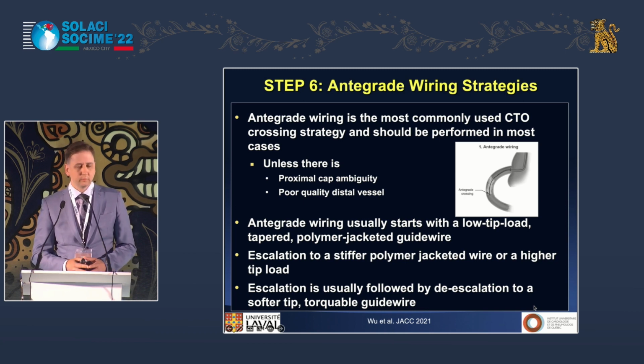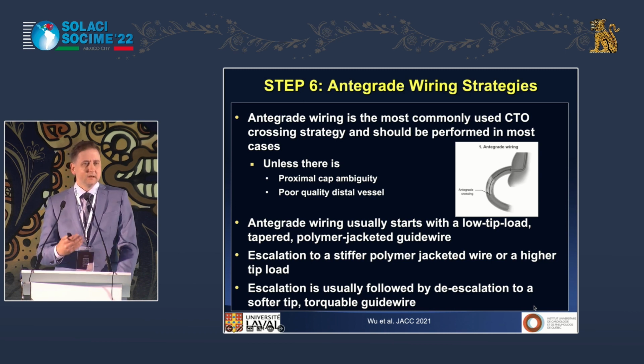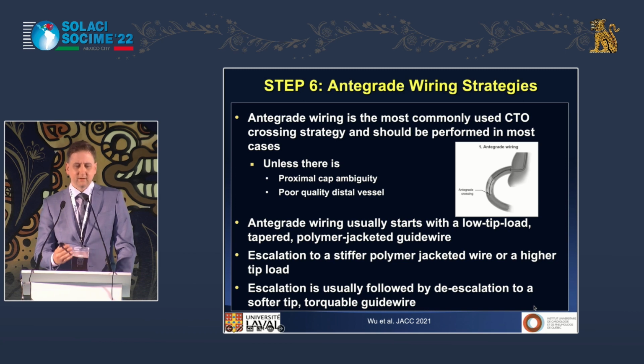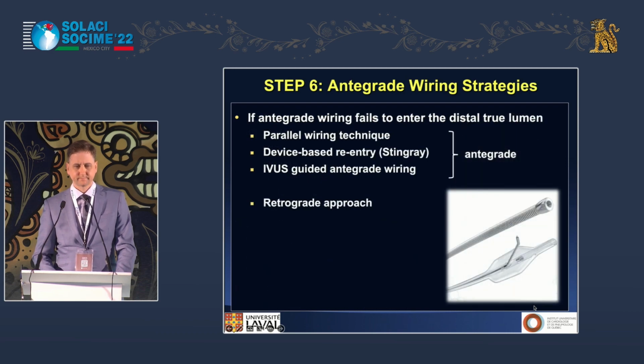And antegrade wiring usually starts with a low tip load, tapered polymer jacketed guide wire, then escalation to a stiffer polymer jacketed wire or a higher tip load wire. And it's important to know that escalation is usually followed by de-escalation to a softer tip torqueable guide wire.